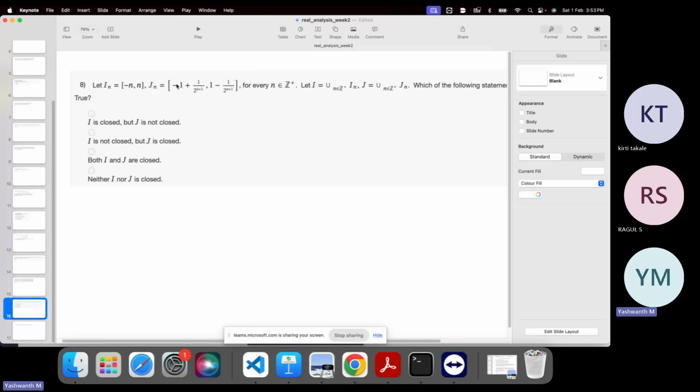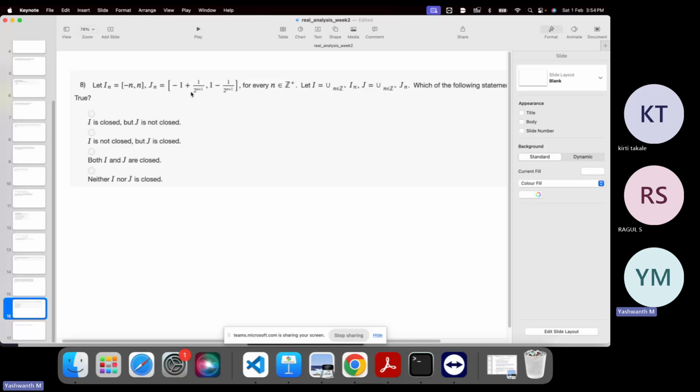Okay, J_n, what's happening? Let's say what happens at n equal to infinity. This will be 0, but it's not exactly 0, right? It will become open minus 1 to open plus 1.